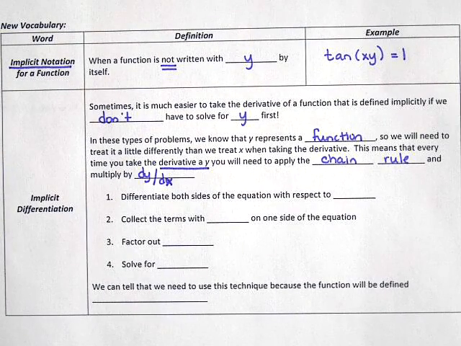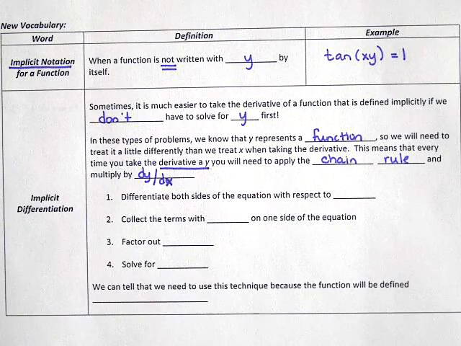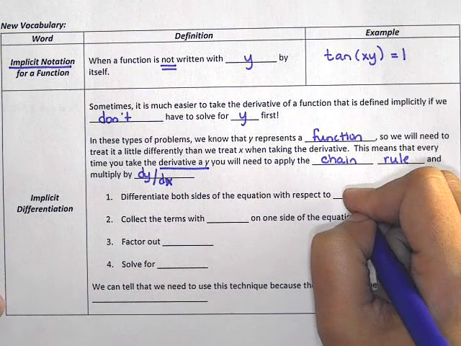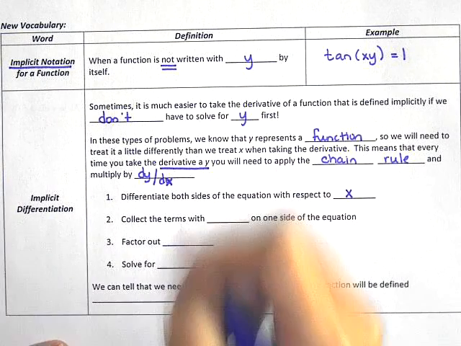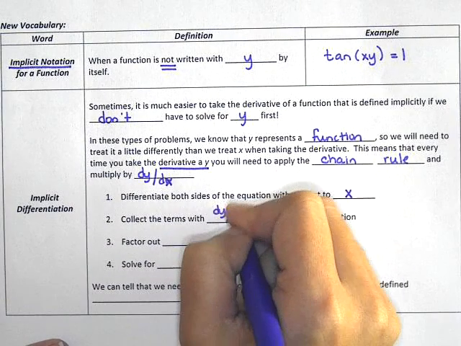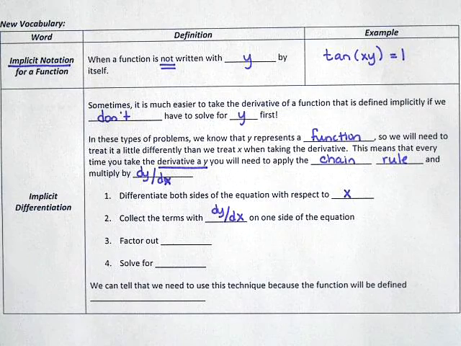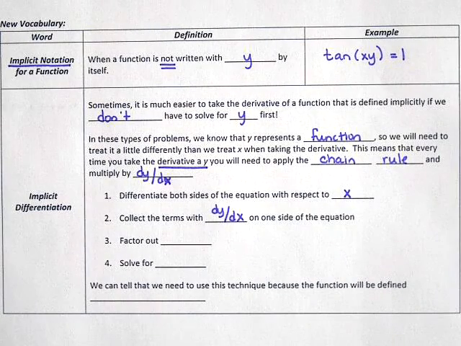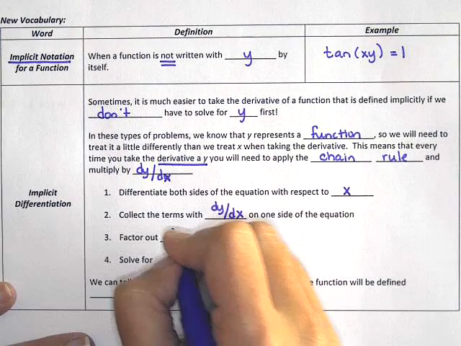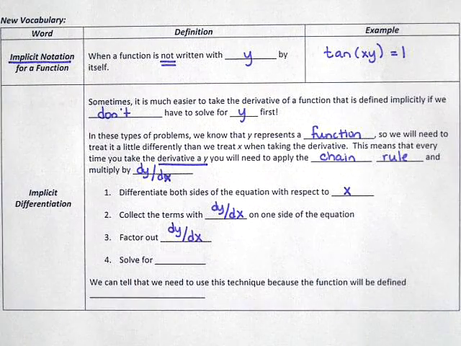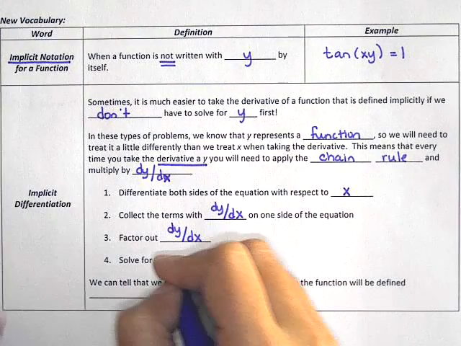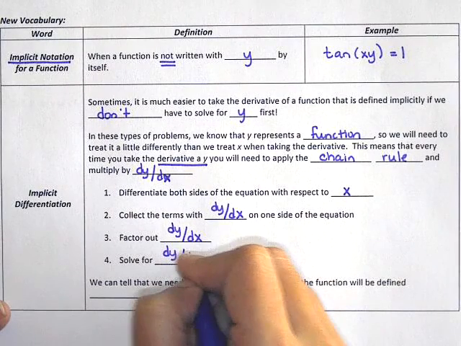First, we would differentiate both sides of the equation with respect to x. Collect all of the terms that have a dy over dx in them on one side of the equation. So you're going to have to do some rearranging. Factor out the dy over dx on that side of the equation, and then solve for dy over dx.